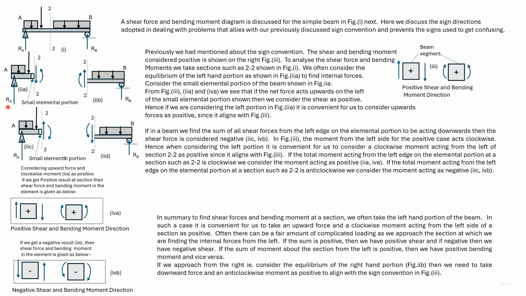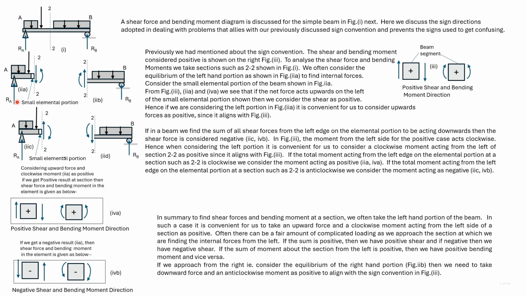If the numerical value of Ra is higher than the sum of the point load and the resultant of this uniformly distributed load, then the value we'll get at section 2-2 is positive. Now let us see if this matches with the sign convention.